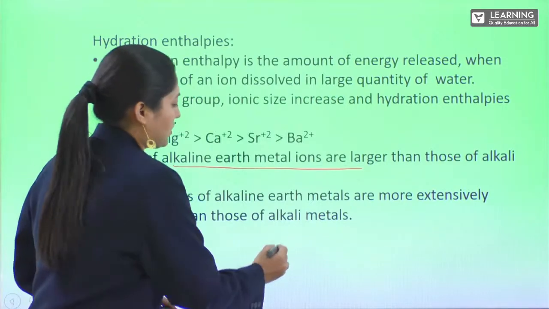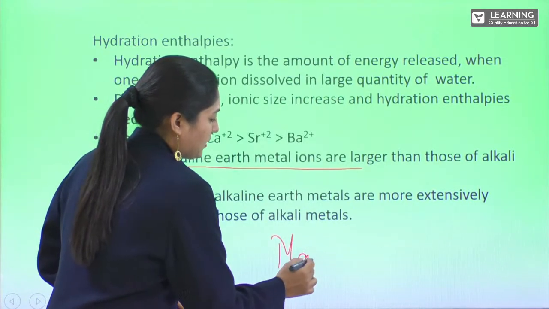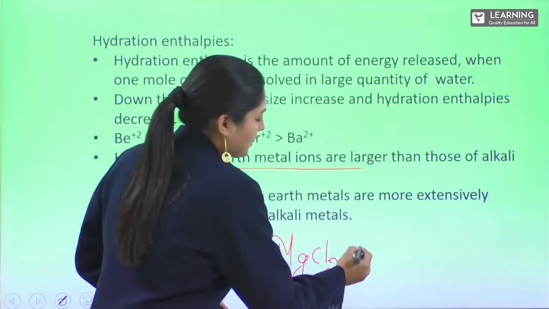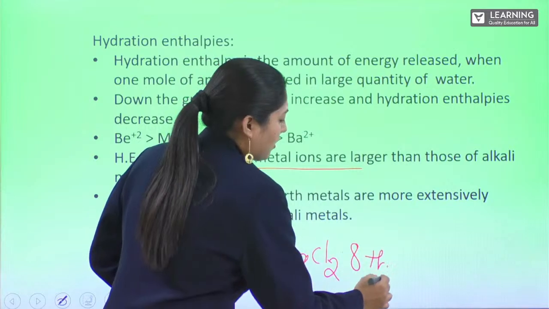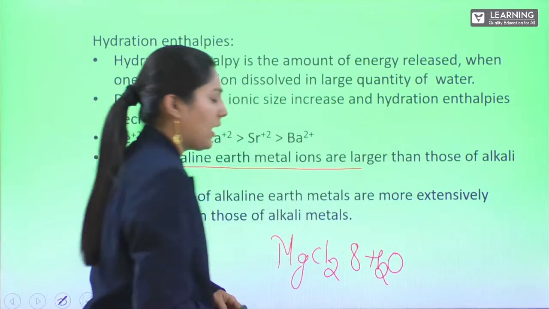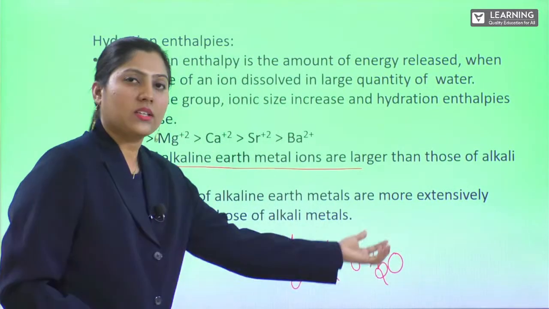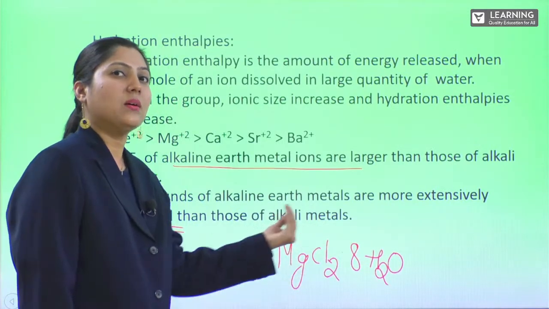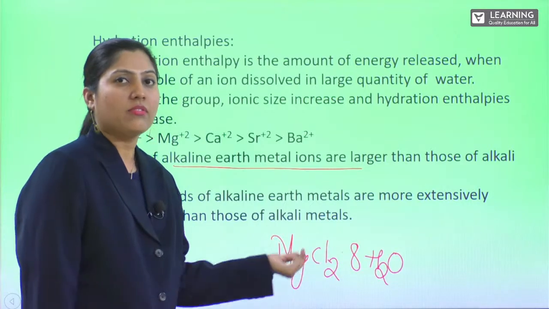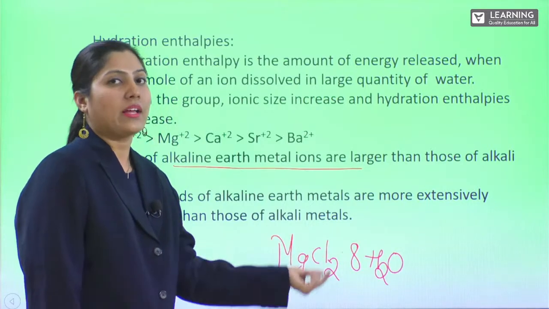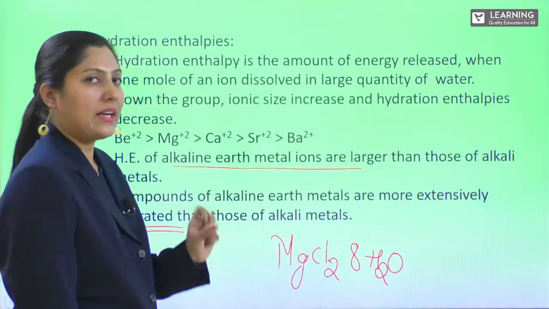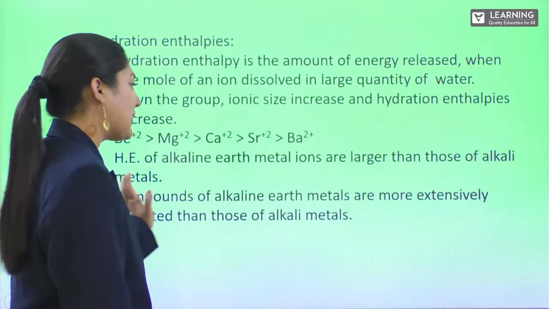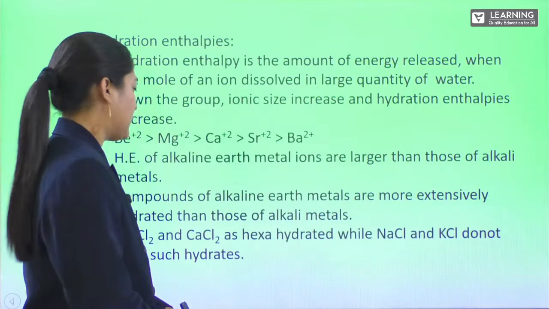For example, if I take magnesium chloride, as we saw yesterday, we have magnesium chloride octahydrated. 8 water molecules will be with the magnesium chloride. Likewise, calcium sulfate will also have 5 or 8 or 6 molecules of water added with it. So they have hydrated salts, unlike alkali metals.